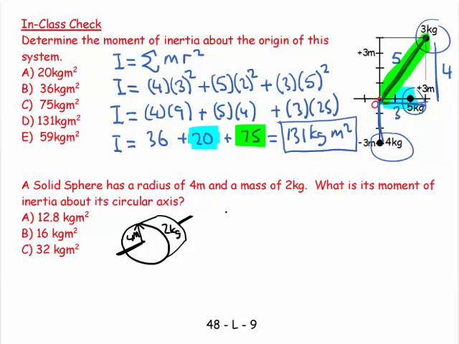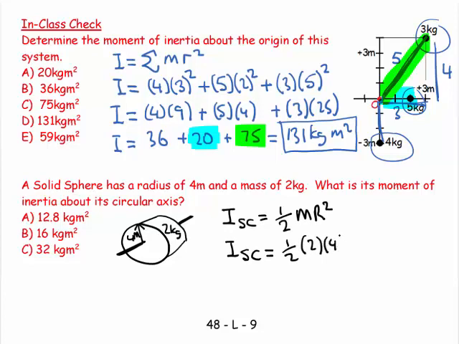And we say, well, about that axis, I happen to know that the moment of inertia of a solid cylinder equals 1/2 mr squared. So my moment of inertia about a solid cylinder is 1/2 times 2 times 4 squared, which equals 16 kilogram meter squared.